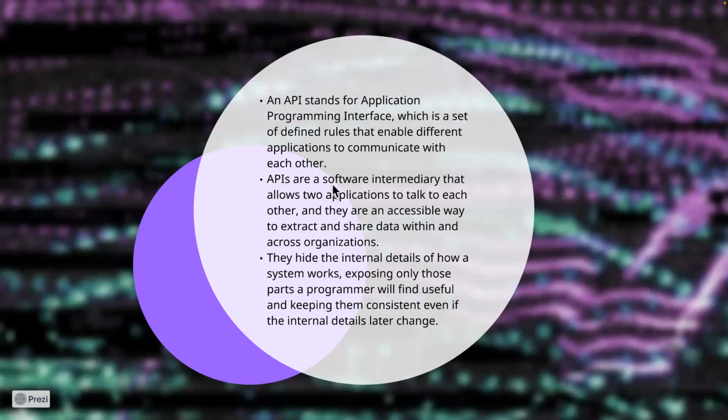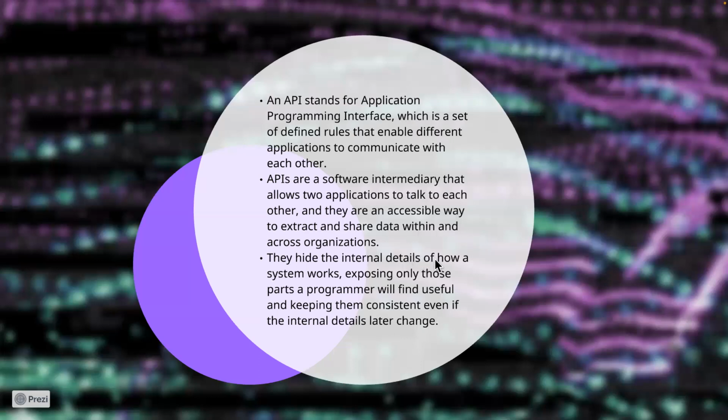So APIs are a software intermediary that allows two applications to talk to each other, and they're an accessible way to extract and share data within and across organizations. So APIs can be free databases that you find online. APIs can be software that's hidden within a company that only company members can use. So APIs come in all shapes and forms.